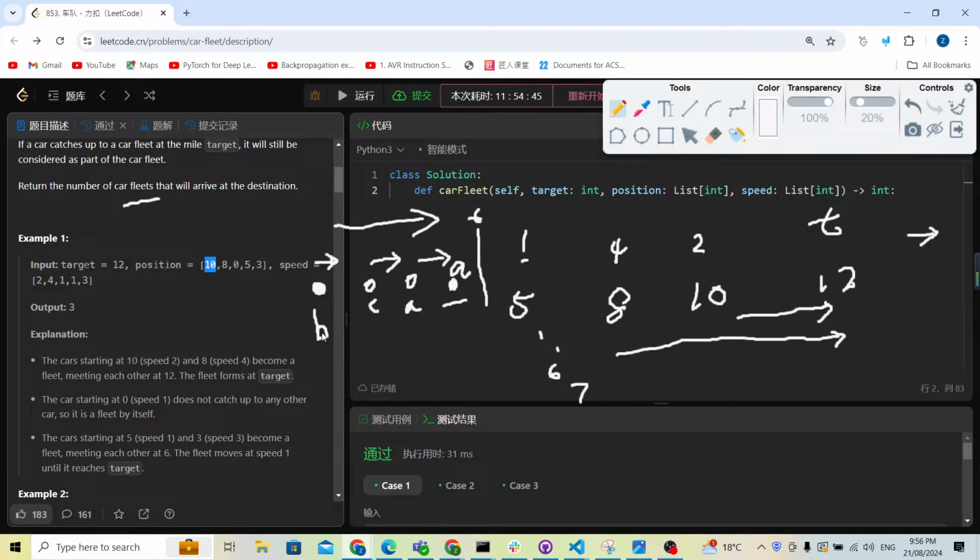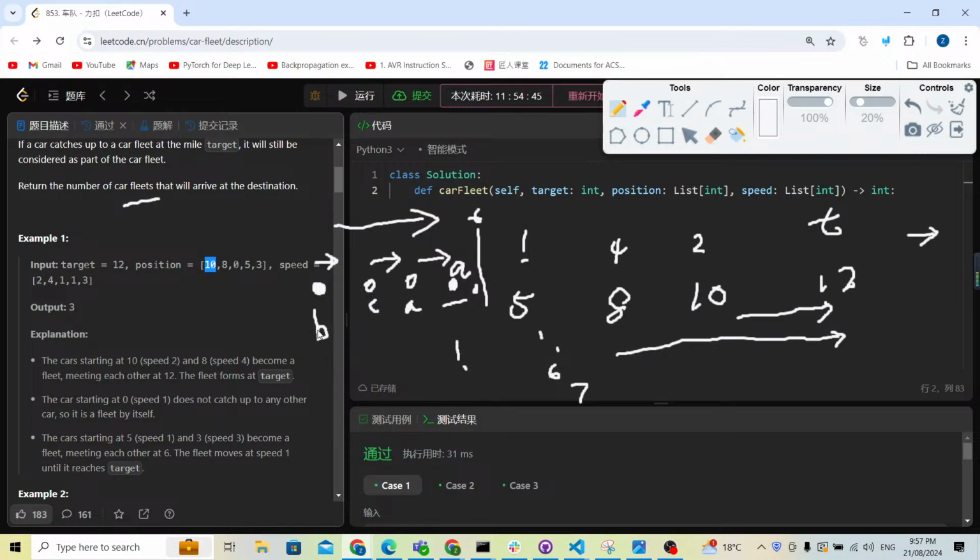For the next car, this B, we don't know the speed, but this B is going to be compared with this A, because those two cars have already become a fleet. If the speed of this car is faster, if B is bigger than A, before they meet at the target, maybe somewhere else, it means this car will be merged with that fleet. It's going to become one fleet.